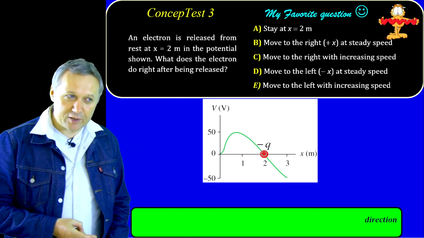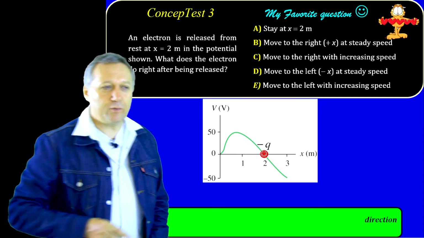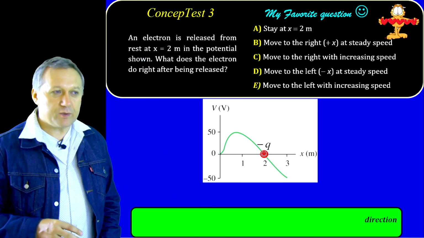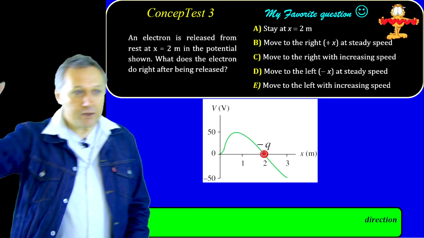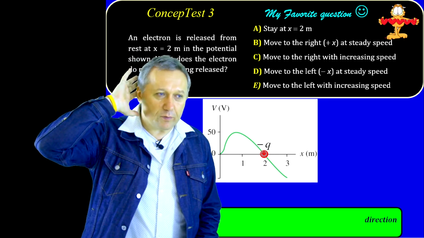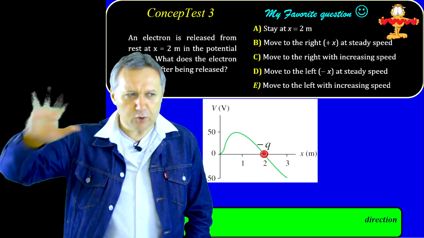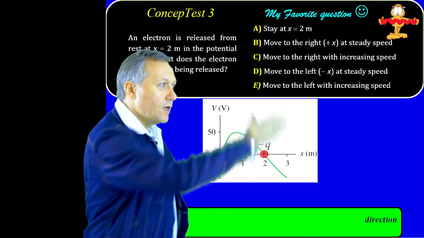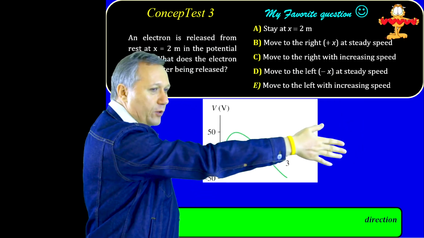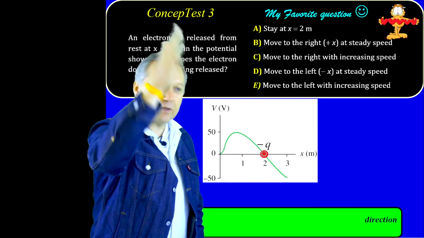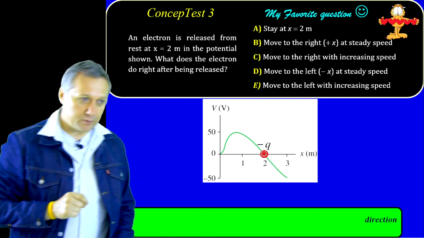But with acceleration, we have to be careful, because it's not as straightforward as with velocity. The direction of velocity gives us the direction of motion immediately, no exceptions. Object moves this way, velocity is this way. But with acceleration, we have to be careful.